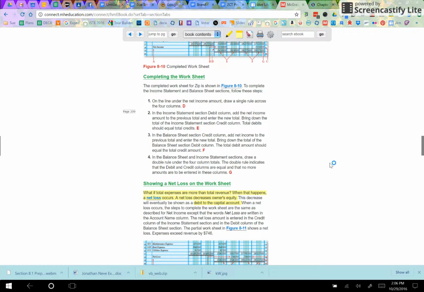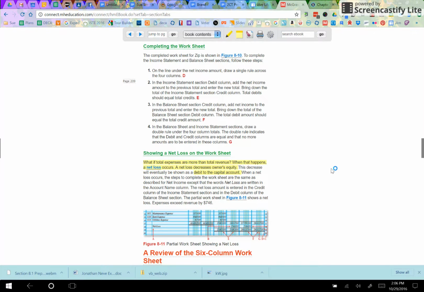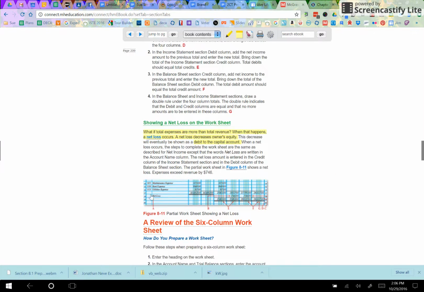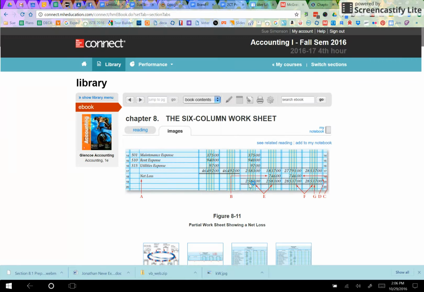Now, conversely, if you have a net loss, it works a little bit differently. So what happens here when we have more expenses than we have revenue? In that case, this minus this is going to be a negative number, and we're going to put it on this side so that the two will eventually equal. And then it's going to be a debit.